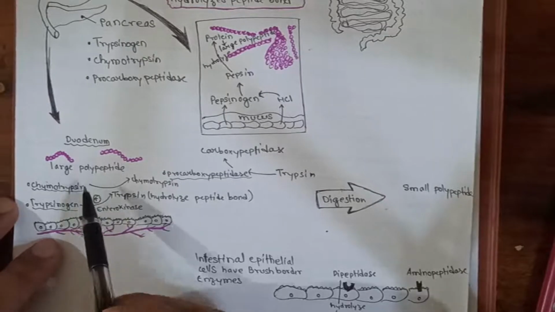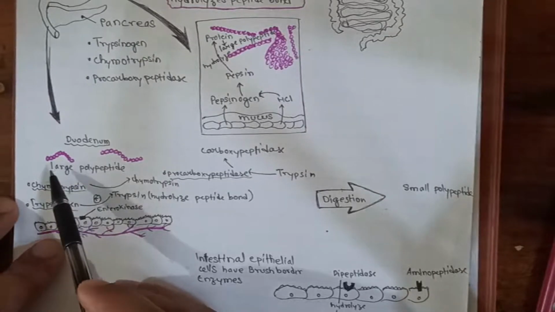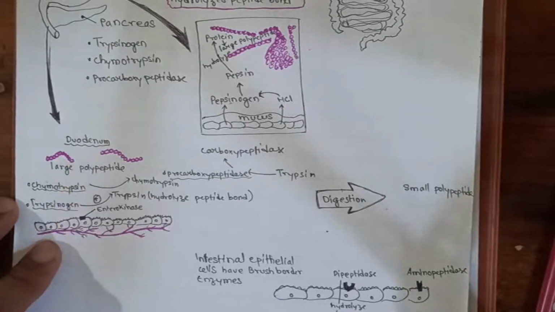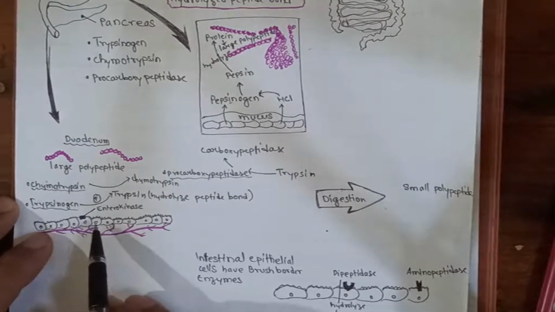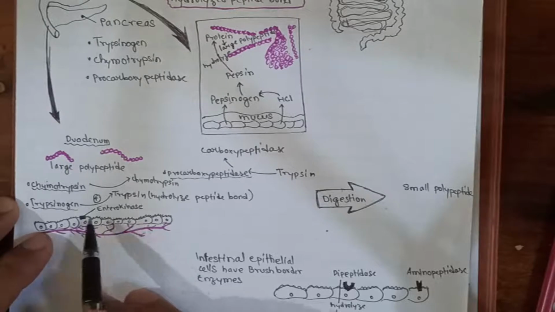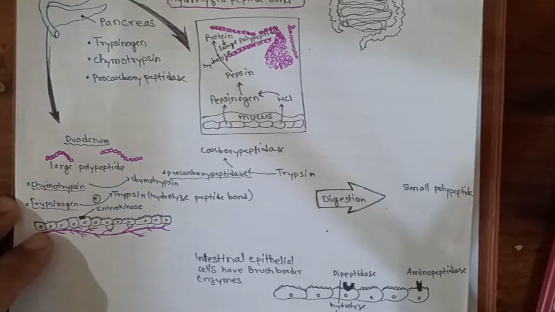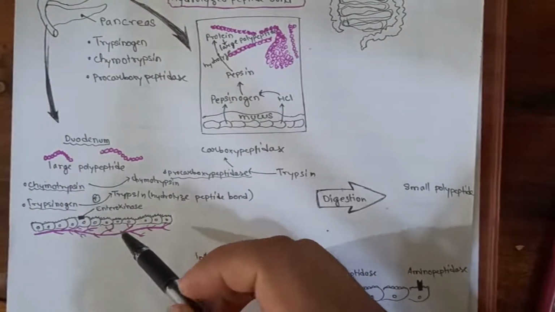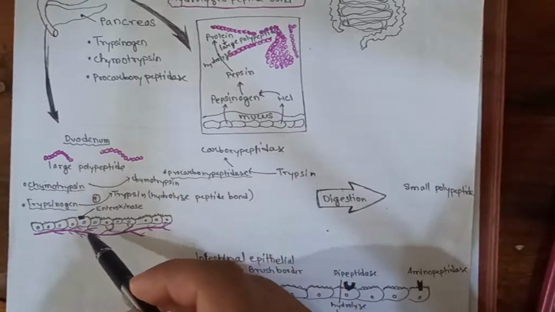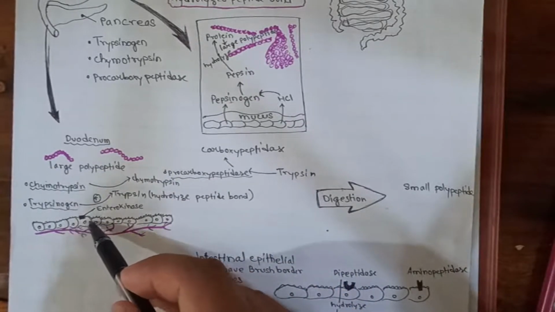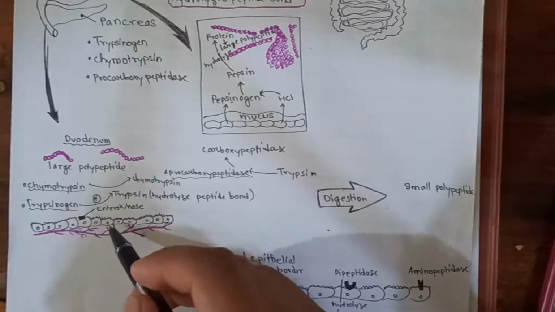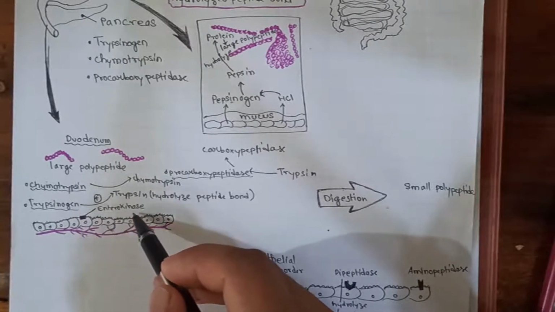So when these large polypeptides reach the duodenum, there is a specific enzyme in the cells of the small intestine, the duodenum, called enterokinase.